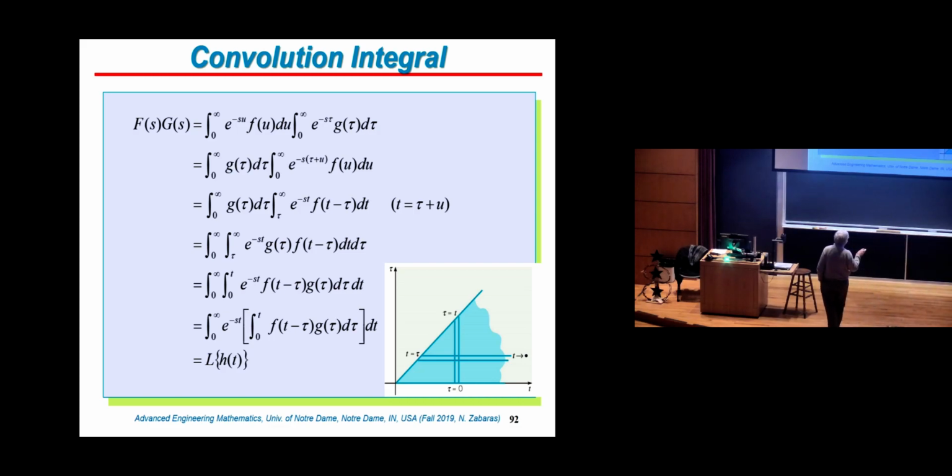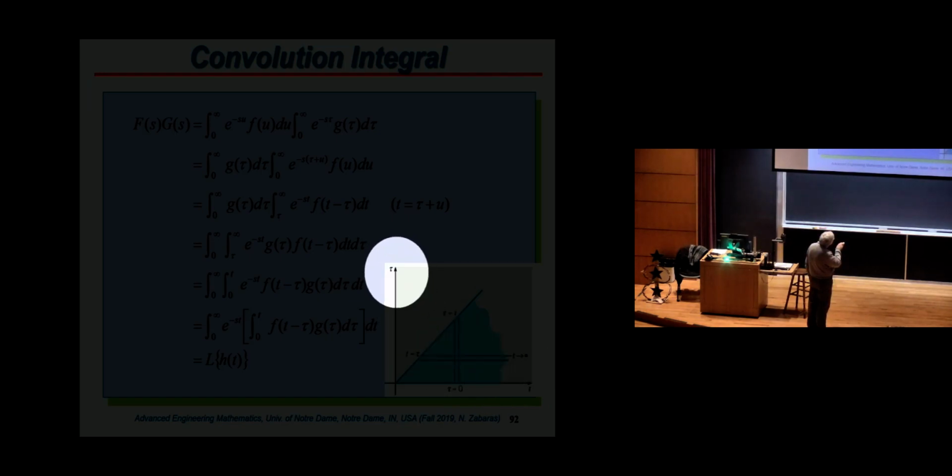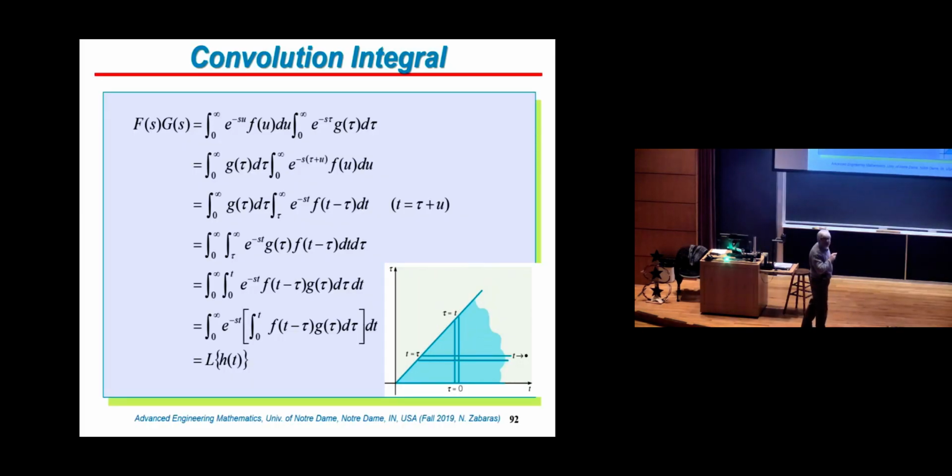One way is to take a time tau, that's this horizontal line, and integrate on every strip from tau to infinity. So you integrate on t. And the other way to do it is to pick a particular time t, and then integrate vertically from tau equals 0 to tau equals t.